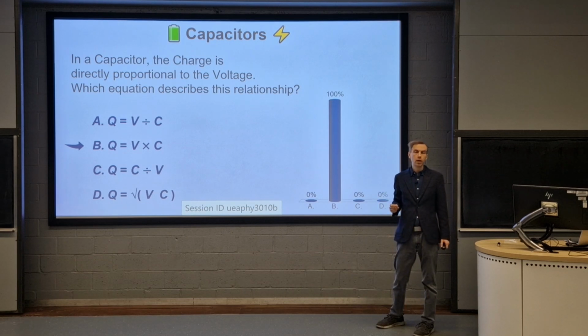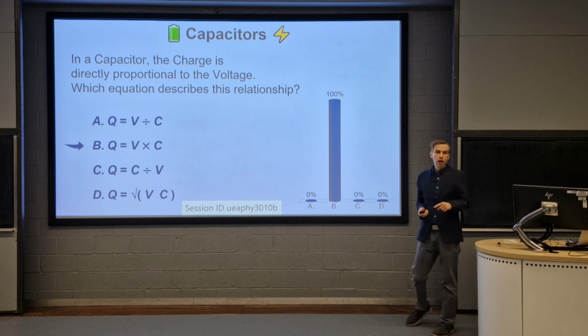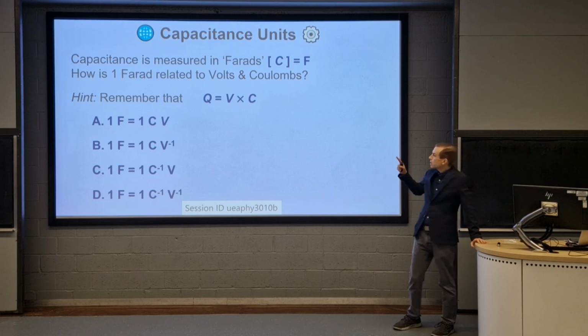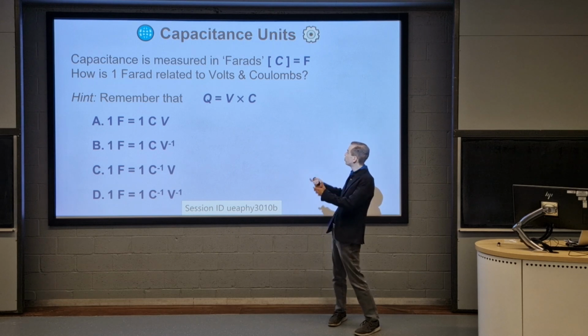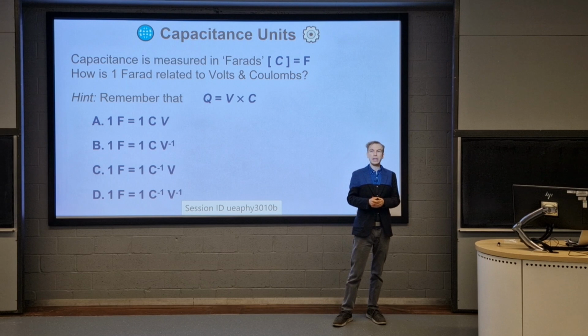Now let's think about the units that we use to describe the capacitor. The unit that we use is called a farad. So the unit for capacitance is a farad. But let's think, how are we relating 1 farad of capacitance to the volts and the coulombs that we use to define the capacitance? So have a think about this one.